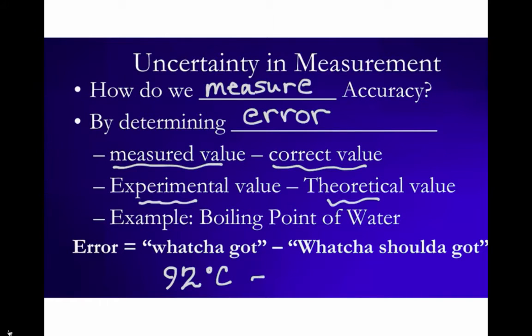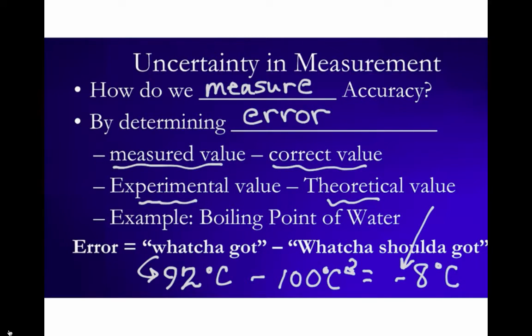But the boiling point of water at sea level is 100 degrees Celsius. So we take what we got in Colorado Springs minus what we should have got at sea level, and we see our difference is negative 8 degrees Celsius. That means, because it's negative, that our experimental value is 8 degrees below what we would have expected.